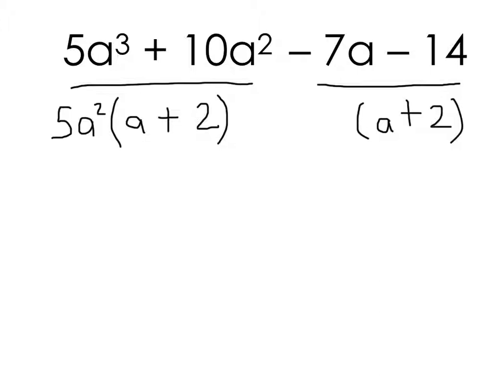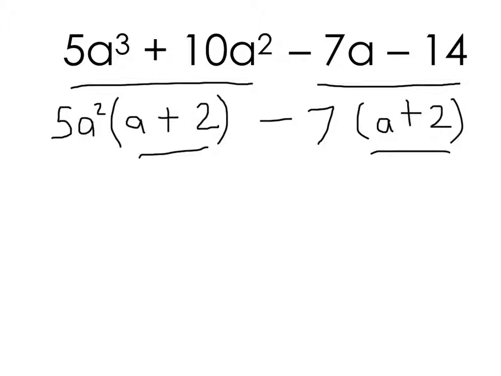Now every time we have had the same thing left in the second group. So I'm going to go ahead and say, hey, I want to have the same thing left, because if I do, I will have the common factor that I can factor out. So I'm determined to make a plus 2 be the thing that is left once I factor out whatever it is I'm going to factor. The only way I can have a plus 2 left is to factor out minus 7.